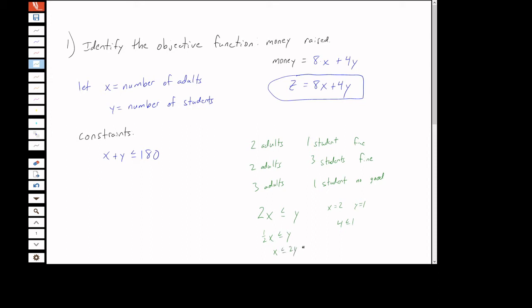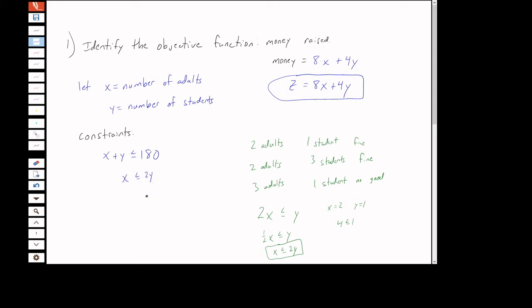And now if I check this inequality, when I put in 2 for x and 1 for y, they're equal. 2 for x and 3 for y, that makes the inequality true. Both sides aren't equal, but the right side is bigger, and that's fine. If I put in 3 for x and 1 for y, that does not make the inequality true, which lines up with what I want. Okay, so x has to be less than or equal to 2y.